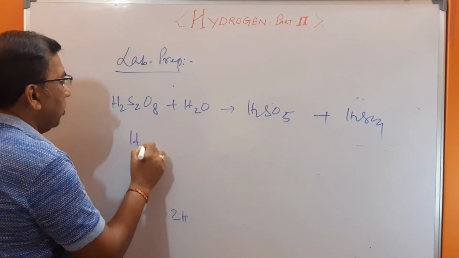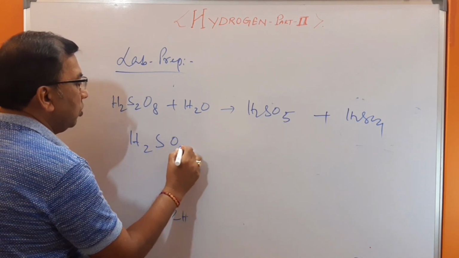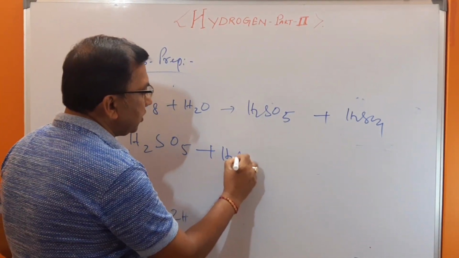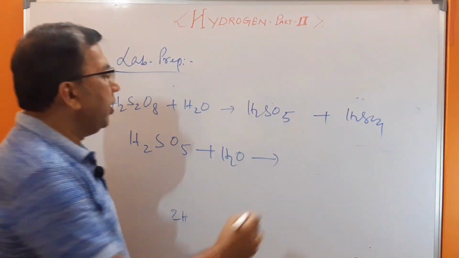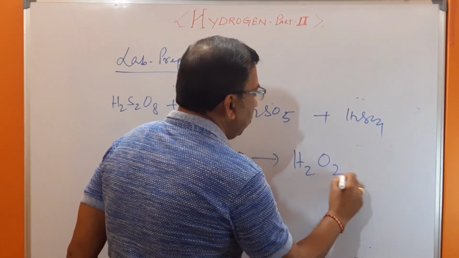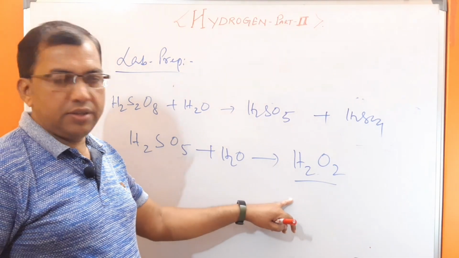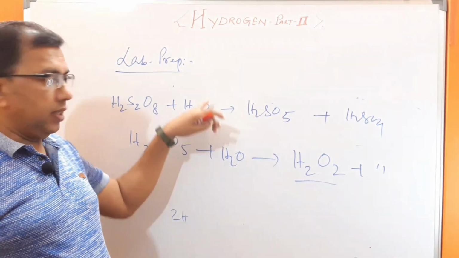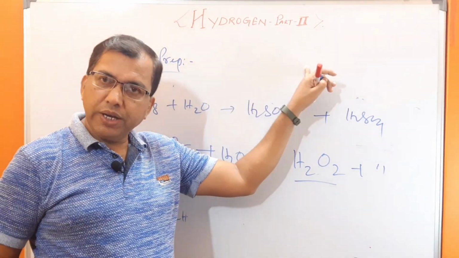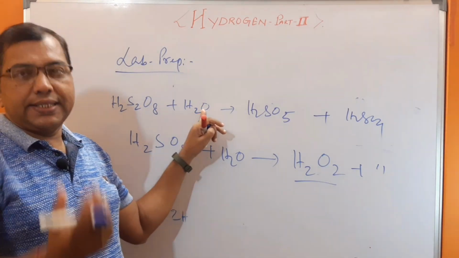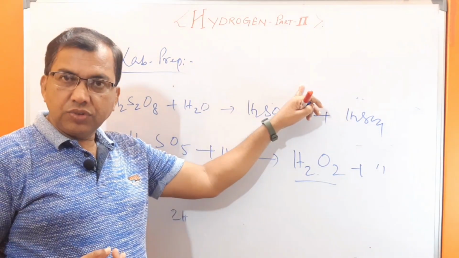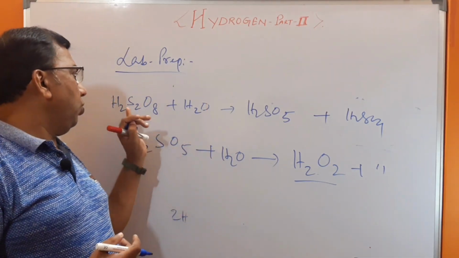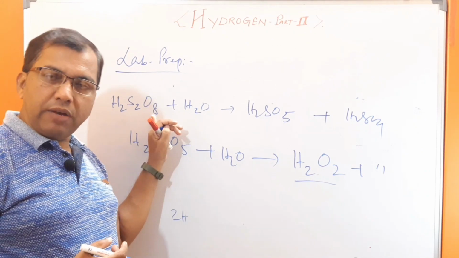Then this peroxomonosulfuric acid, H2SO5, again undergoes hydrolysis, combining with water, and forms H2O2. This is the hydrogen peroxide, plus this acid. So it is very important. Sulfuric acid gives H plus and HSO4 minus. At the cathode, H plus accepts electrons and forms hydrogen. At the anode, 2HSO4 minus gives peroxydisulfuric acid.